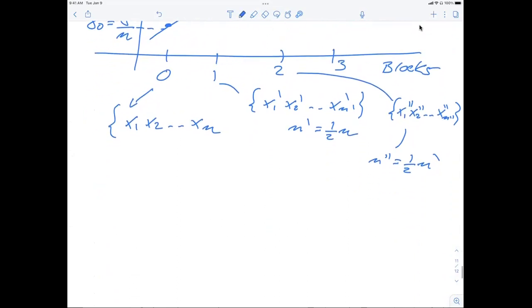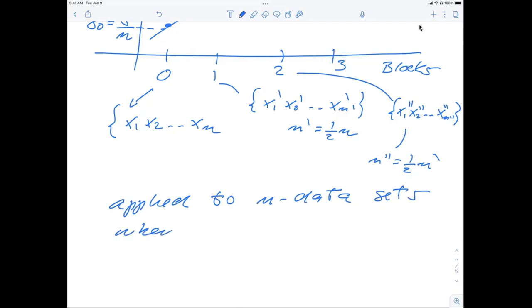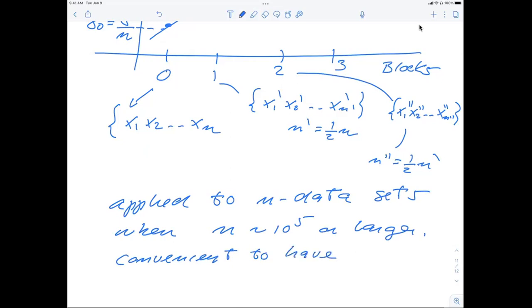So the method is normally applied to n data sets when n is typically from 10 to the 5 or larger. Note also that since we are splitting everything in blocks by dividing by 2 all the time, it is then convenient to have n in powers of 2.